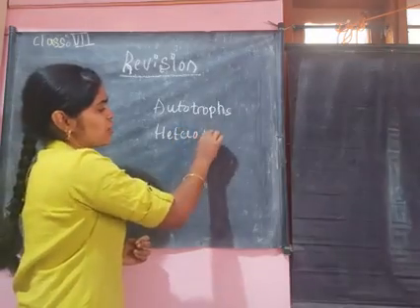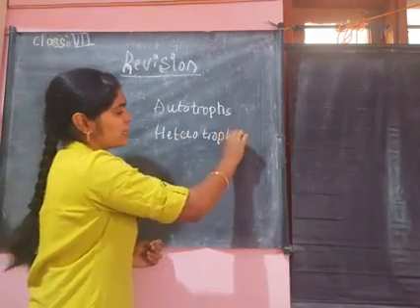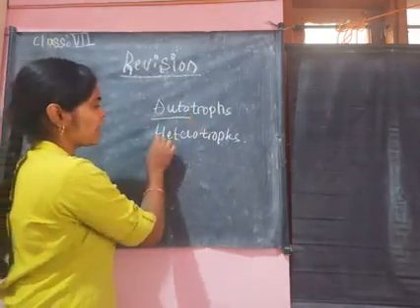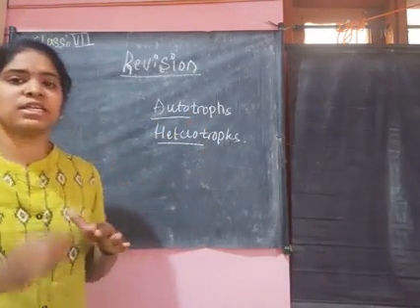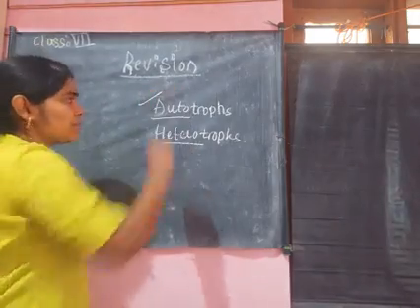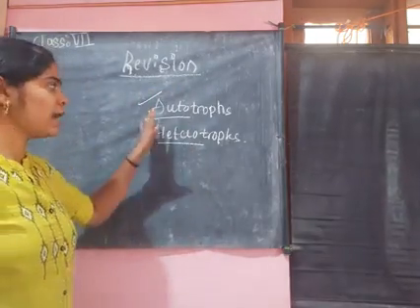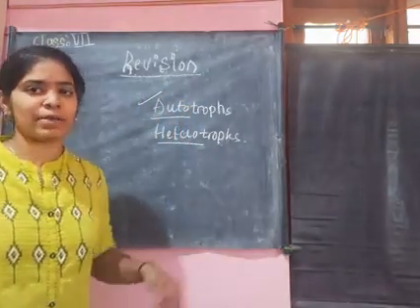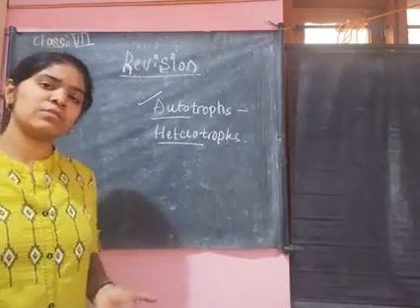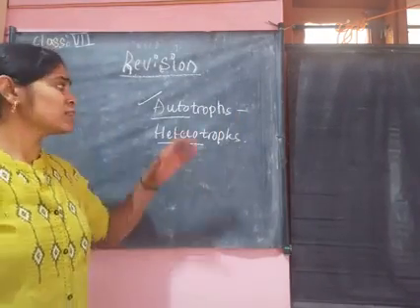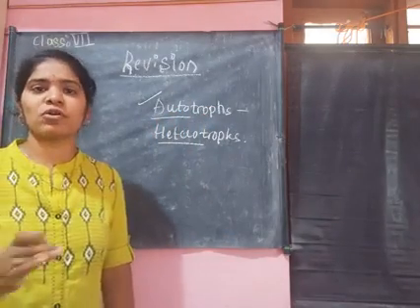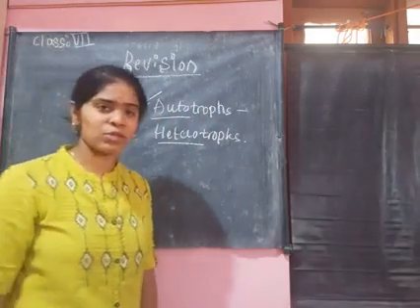As we already learned from the names, auto and hetero. Auto means they prepare their own food. Such plants we call autotrophs. So the plants or organisms which prepare their own food are called autotrophs, and that mode of nutrition we call the autotrophic mode of nutrition.